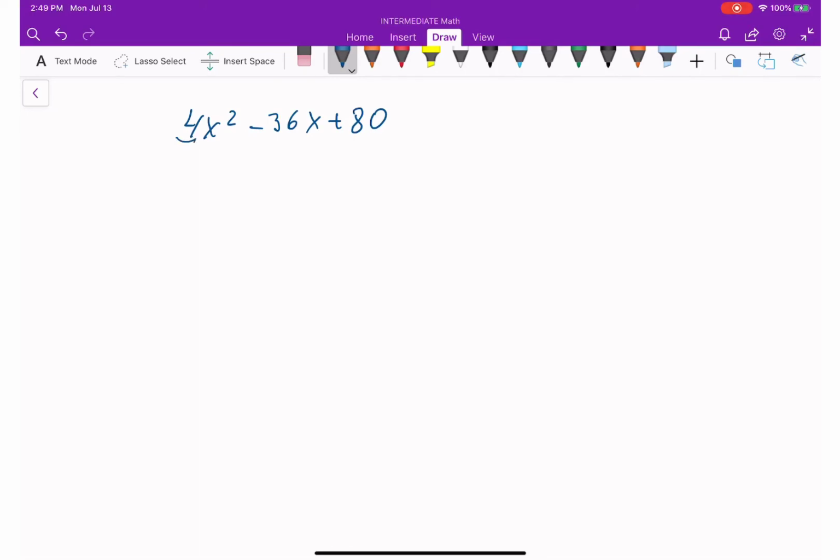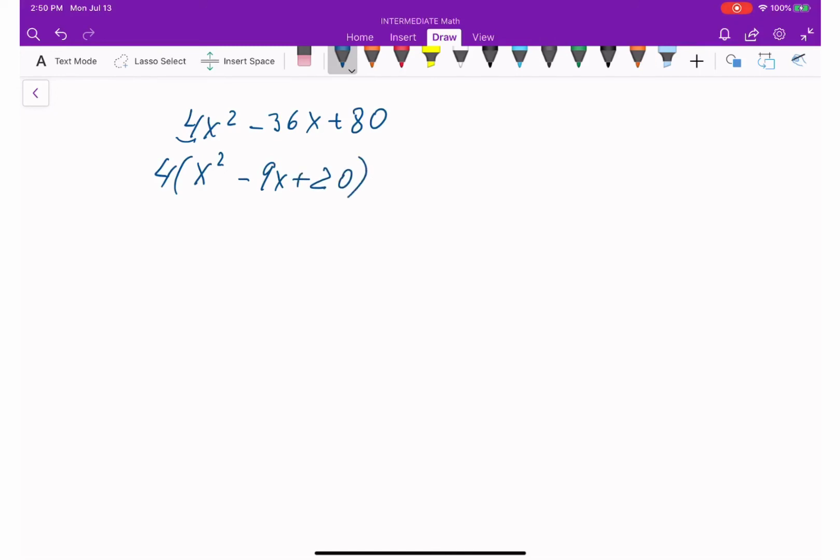Every time you have a coefficient in front of x squared, the first thing you want to do is check if you can take a common factor out. Let's see. 4, we can divide by 4. Can we divide 36 by 4? Yes, 9. Can we divide 80 by 4? Yes. So 4 we can take out as a common factor, which means we will have x squared left. Negative 36 divided by 4 is negative 9, and plus 80 divided by 4 is 20.